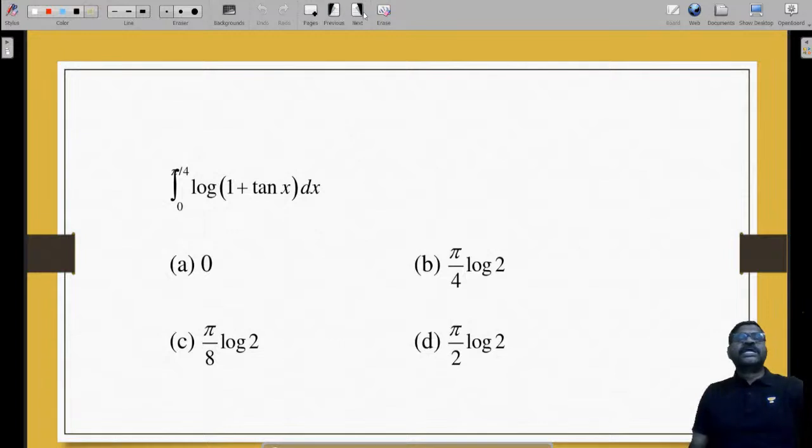Next problem. Integral from 0 to π/4 of log(1 + tan x) dx. We have to calculate the value of the integral.